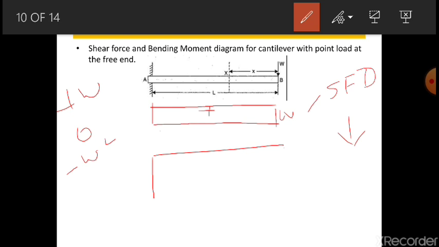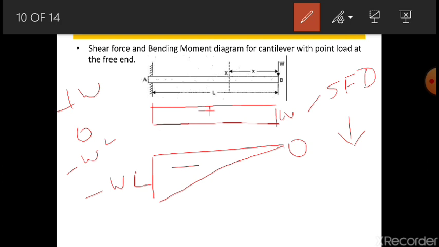Now join from here to here like this. Here it will be 0, and here it will be minus WL. This is how you are going to draw the bending moment diagram.